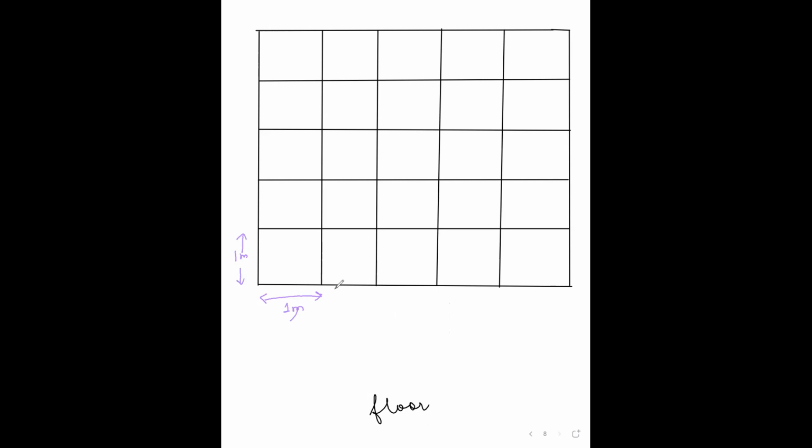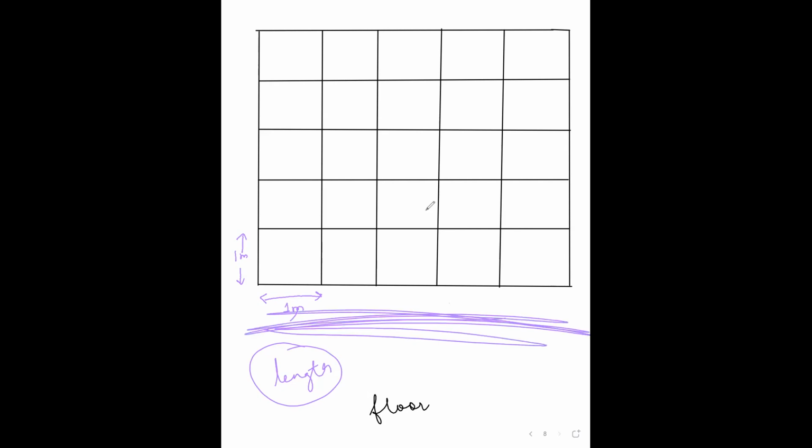Why 25? What am I asking? Length. Length means this one, I am asking this much. Not area, sorry. This length I am asking you, the distance from here to here. 5 meters. How did you find that? Because there are 5. Good. So 1 into 1.